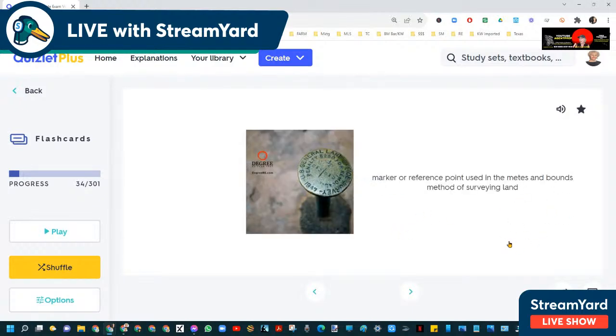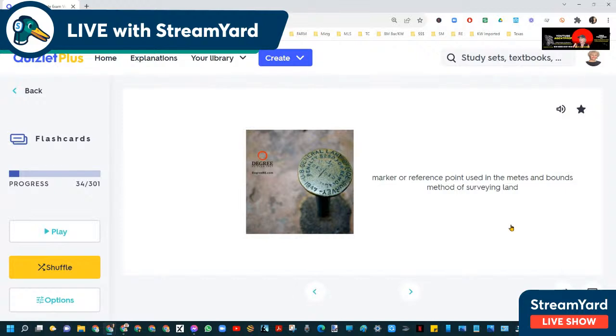meets and bounds. When a surveyor is measuring the property and putting markers on each of the corners, any property that goes into escrow where a seller wants a survey and the lender requires a survey, the surveyor is going to put markers on the property and put the description of the meets and the bounds, like, okay, it goes 35 feet northeast, it's part of the southwest corner, and then it goes south 100 feet.